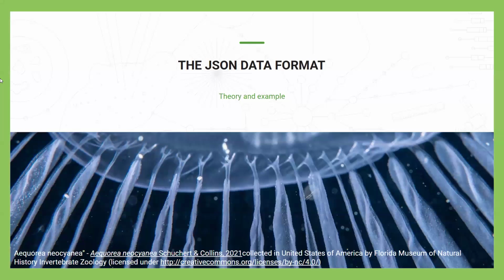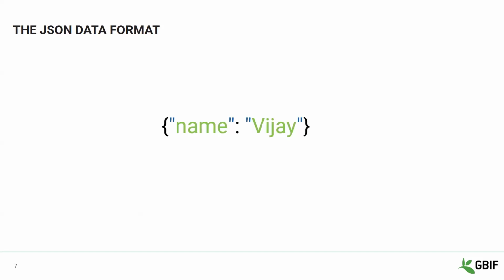This output that we are looking at is in a format called JSON, or JavaScript Object Notation. So let's learn a little bit about the JSON format. JSON format essentially is a key-value pair. There is a key called name here and the value is Vijay. So this is how the really basic JSON key-value pairs work.